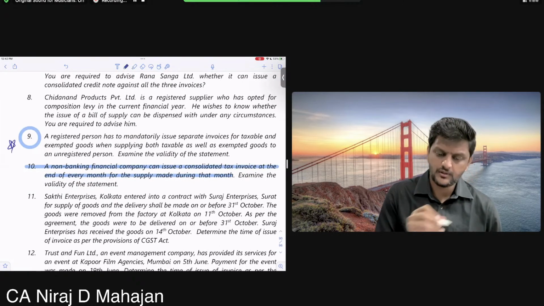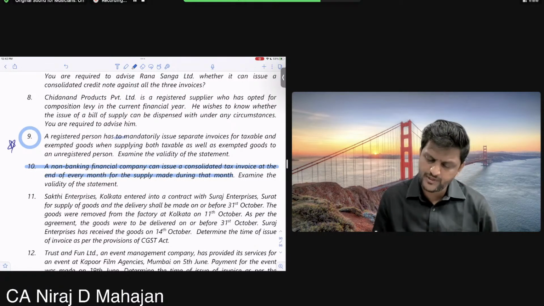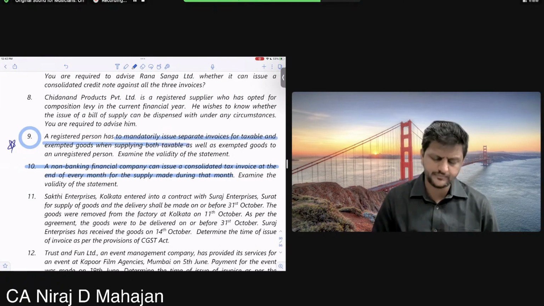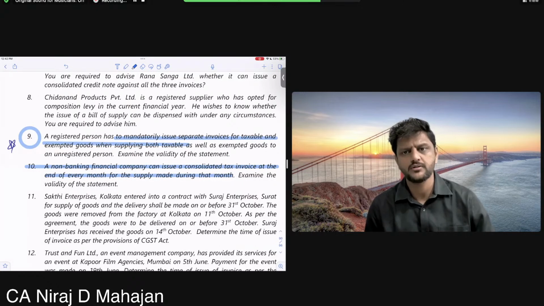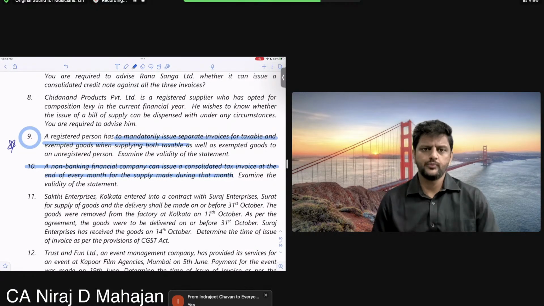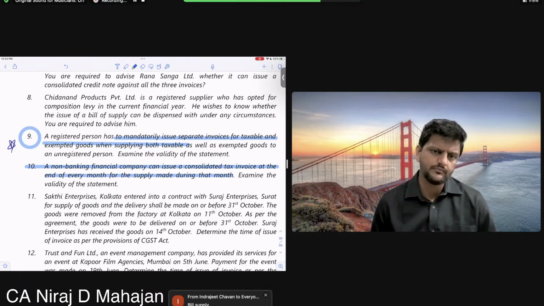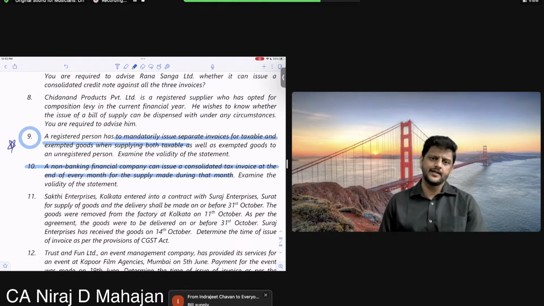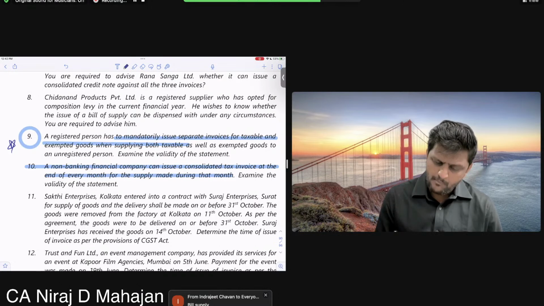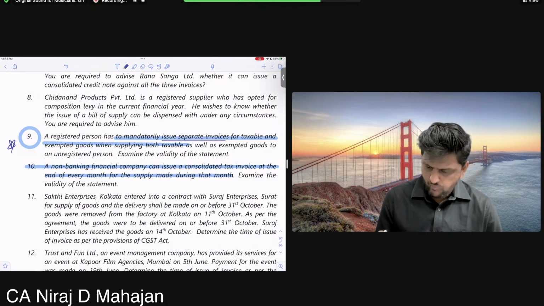Just now we did. A registered person has to mandatorily issue separate invoices for taxable and exempt goods when supplying both of them together to an unregistered person. No, he can issue a combined bill of supply cum invoice. That name was given, na bachcho. The question is about mandatorily issuing separate invoices.